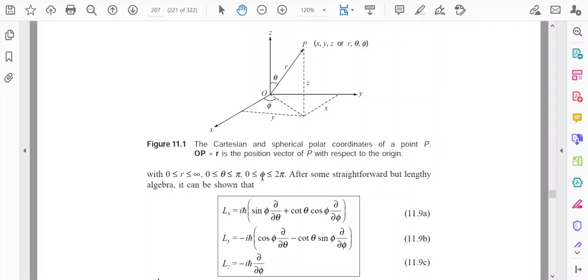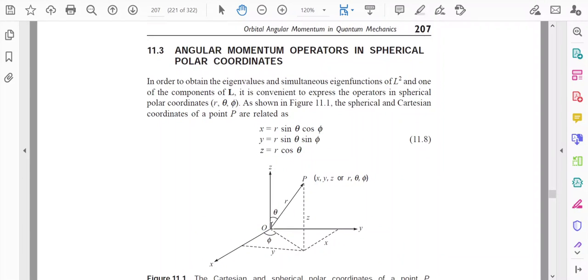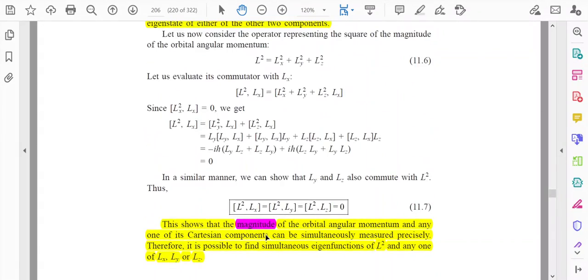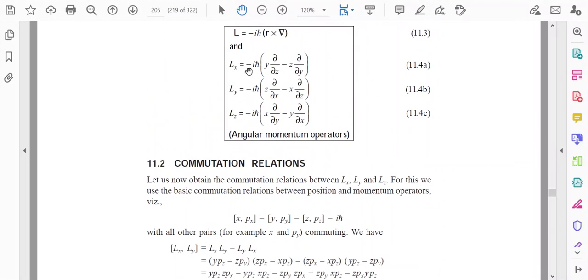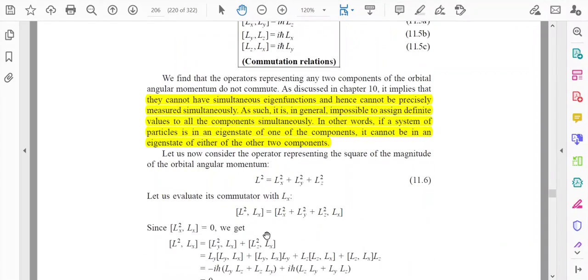We are omitting the detailed derivation; you can check any standard mathematical textbook on how to transform from Cartesian coordinates to polar coordinates. After that transformation, the operators Lx, Ly and Lz, which we expressed earlier in Cartesian coordinates, can be expressed in spherical polar coordinates after some mathematical steps that we are omitting right now.